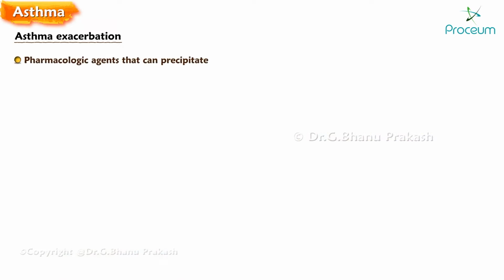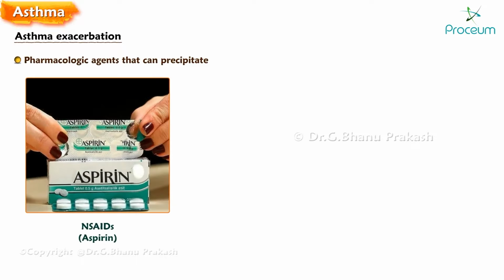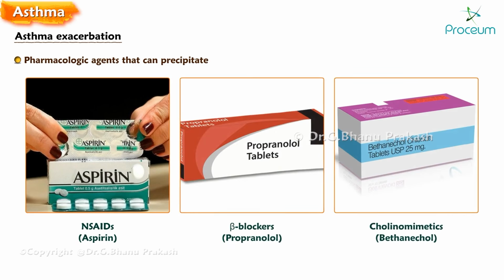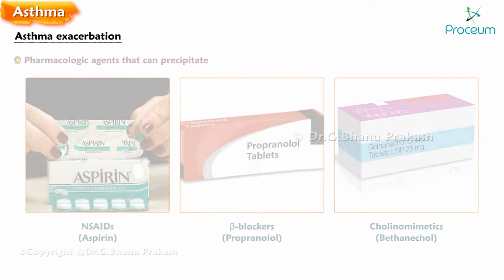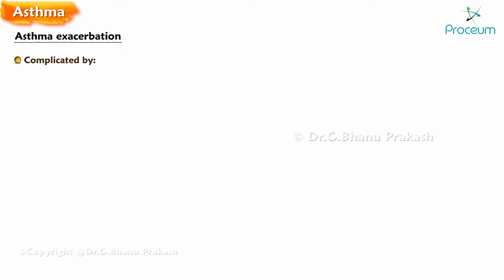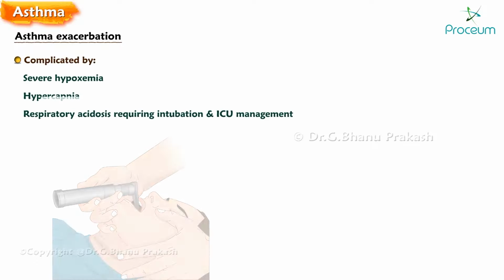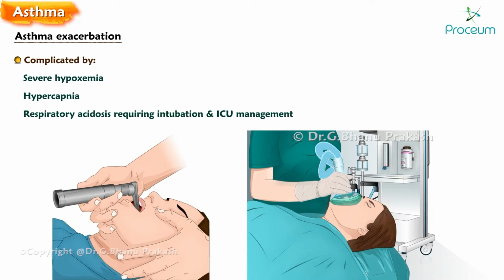Pharmacologic agents that can precipitate an acute asthma exacerbation include NSAIDs, beta blockers, and cholinomimetics. Acute asthma exacerbations can be complicated by severe hypoxemia, hypercapnia, and respiratory acidosis requiring intubation and ICU management.